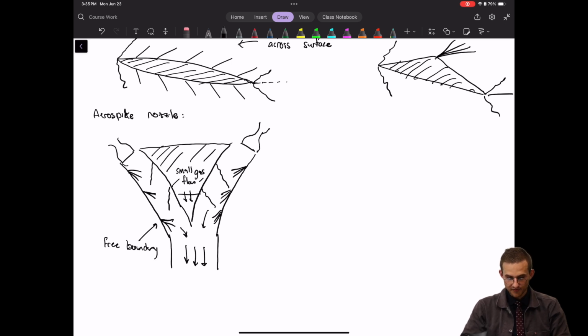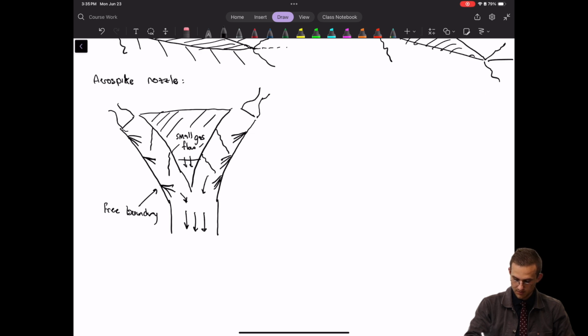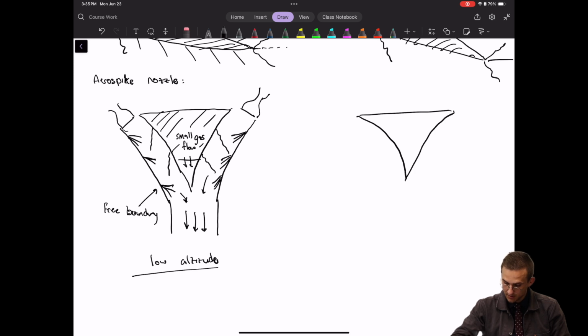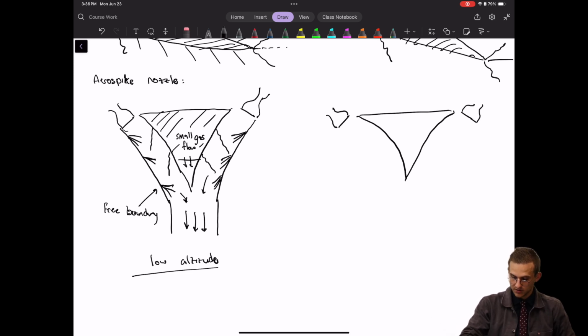And because those are free boundaries, this would be the operation at low altitude. Okay, but that same setup at high altitude, your free boundary expands outwards, right?